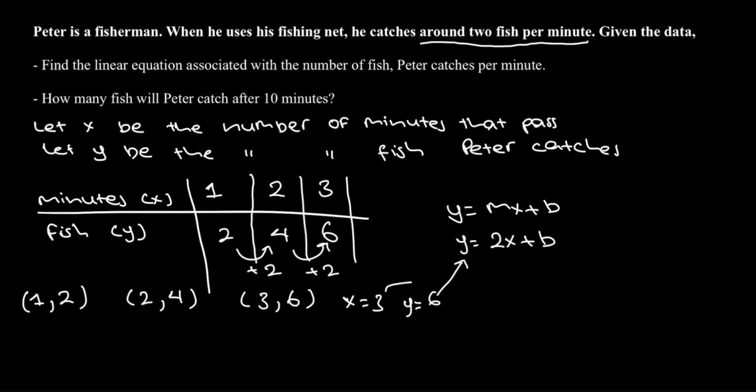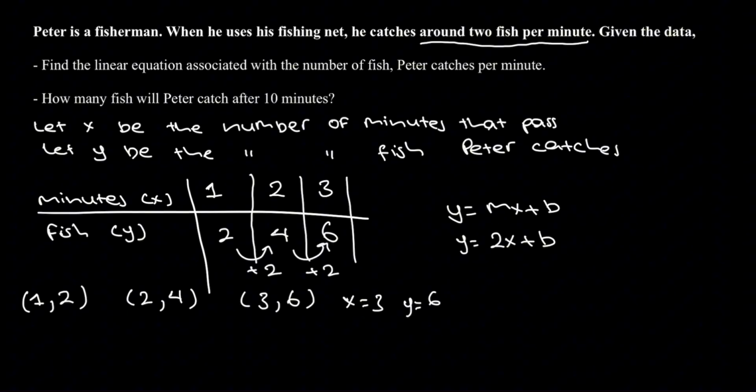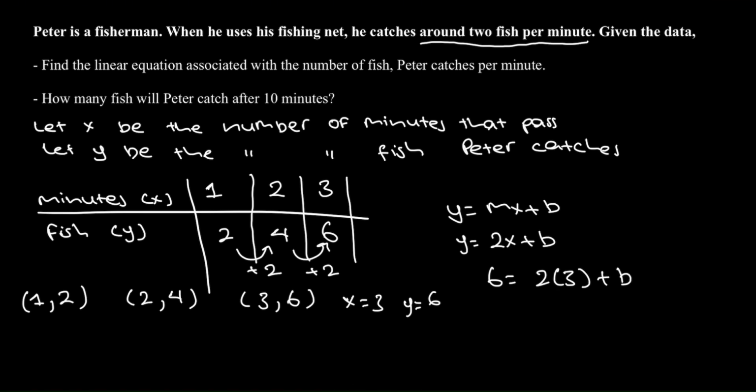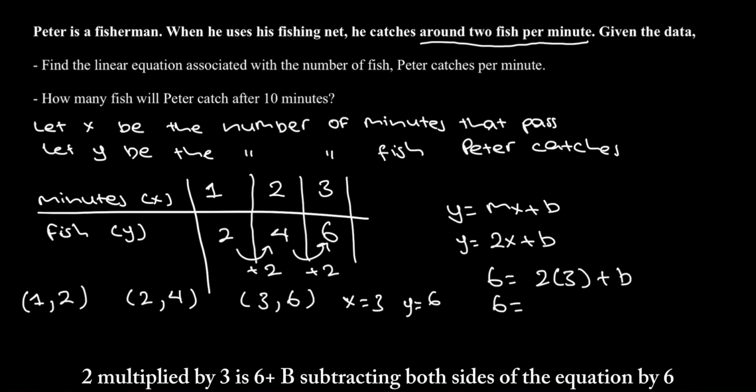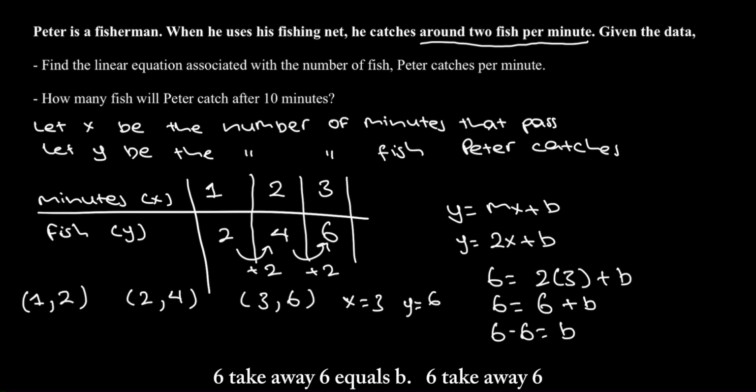So, we substitute the values of x and y. 6 equals 2 multiplied by x, which is 3, plus b. 2 multiplied by 3 is 6 plus b. Subtracting both sides of the equation by 6, 6 take away 6 equals b. 6 take away 6 is 0 equals b.